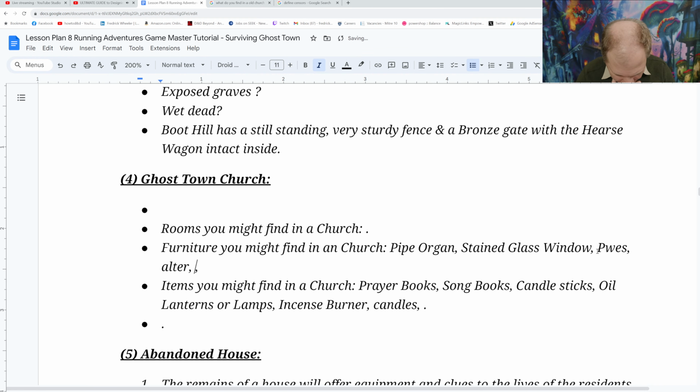Yep. Lectern. Lectern, I think that's it. Fancy windows, religious icons. Plates. The poor box. Donation. Poor box, and then there's the donation box, isn't there?